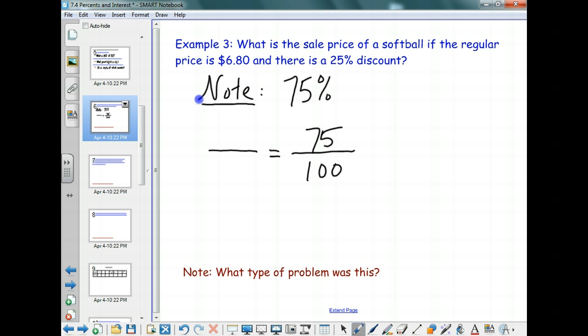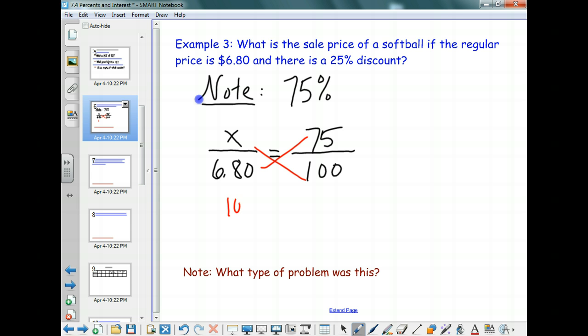It's the 100, so the $6.80 actually goes on bottom, which means this is the piece I don't know. So I don't have to look at this and say, do I multiply or do I divide? All I have to do is set it up so that it goes in the right location of the proportion, which is an easier way to set it up than simply deciding how equations should look when we're working with them. Okay? So I can cross multiply, right?